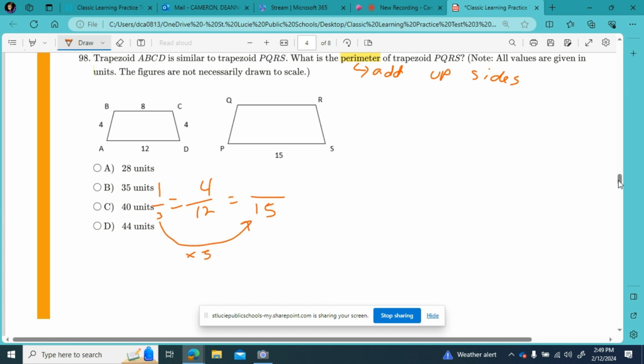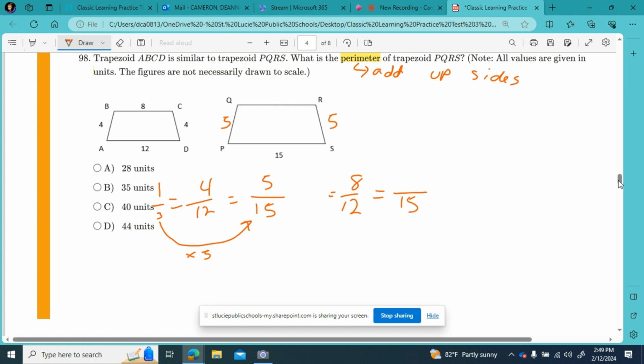So 1 times 5 is 5. So these 4s are 5s. And our 8 to 12, for BC is 8 and AD is 12, with a proportion to QR to PS is 15.